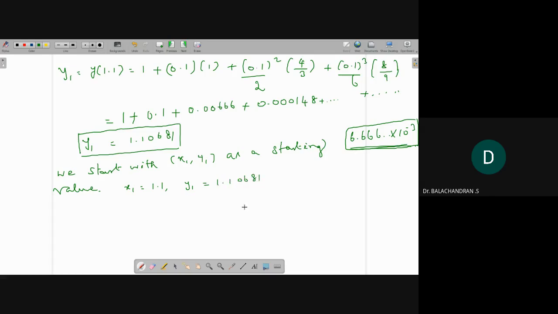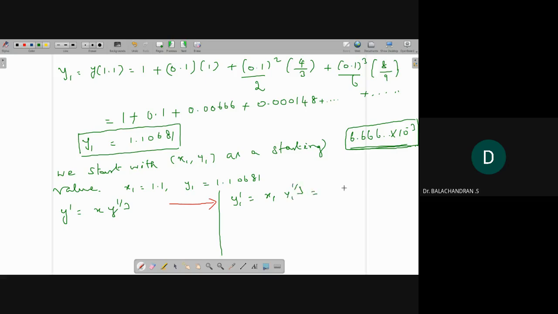Now I'm going to ask you, because we know already the derivative, that is y dash is equal to x into y power 1 by 3. Correspondingly, what is y1 dash? Using a calculator, you should do it and tell. y1 dash is equal to x1 into y1 power 1 by 3.